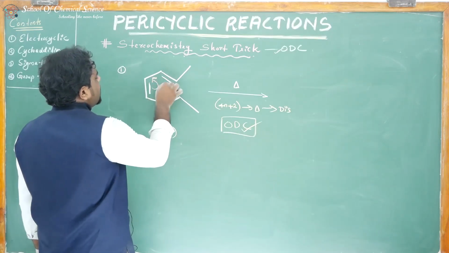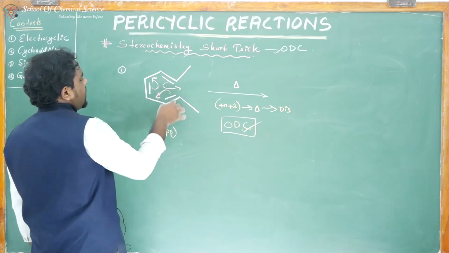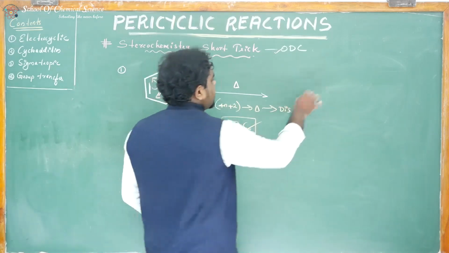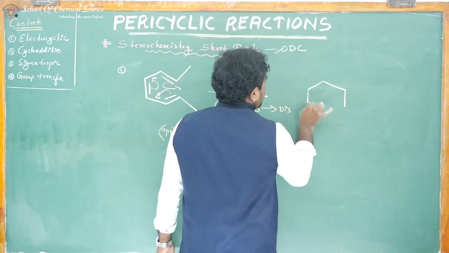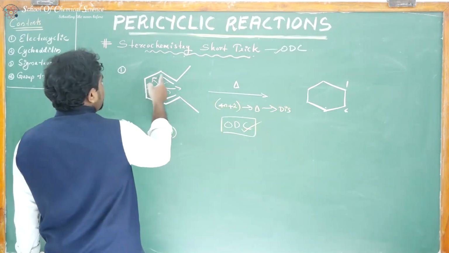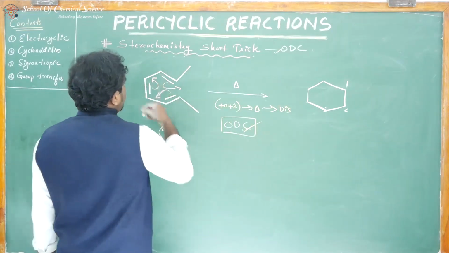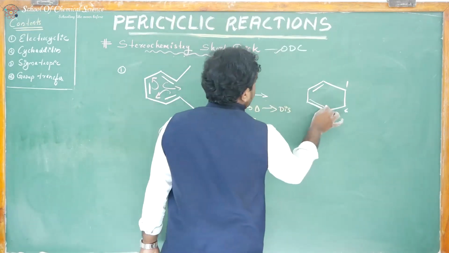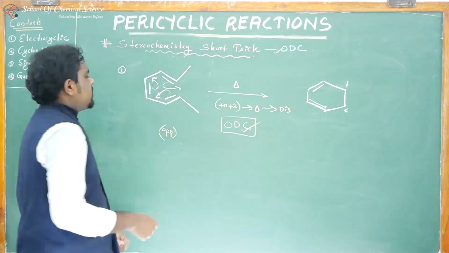The pi electrons shift here, and between carbon 1 and 6 a sigma bond is formed. A 6-membered ring is your product. Between these two carbons, a pi bond is formed. You have to predict the stereochemistry.